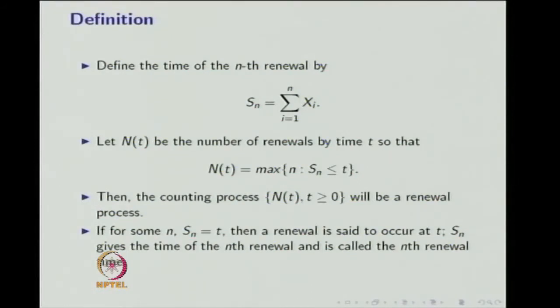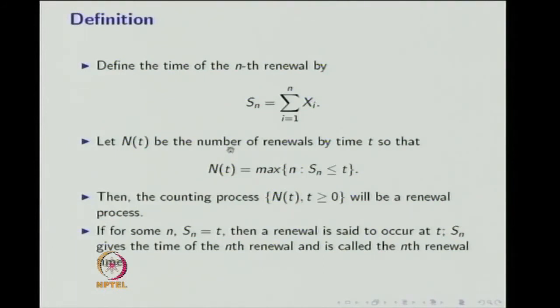So for every n you get one random variable Sn: S1, S2, S3 and so on. This is a collection of random variables.